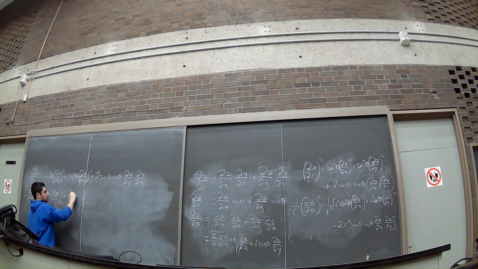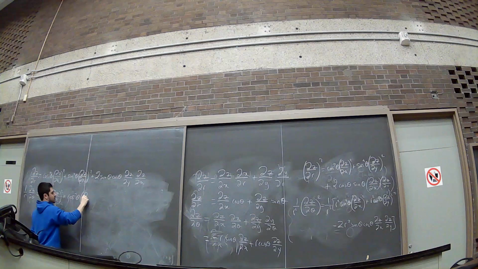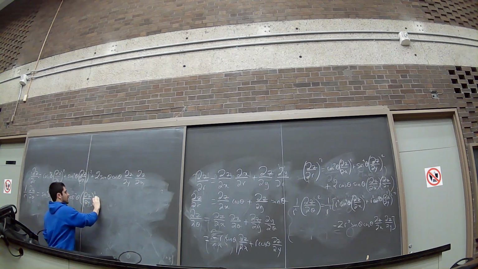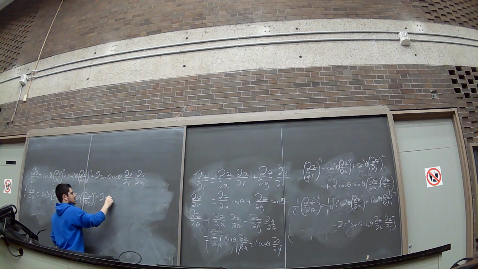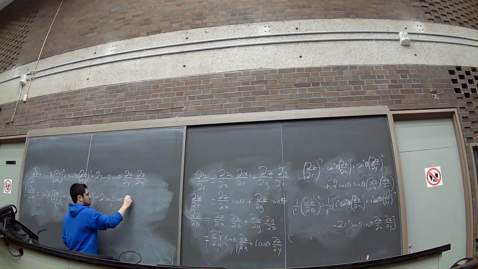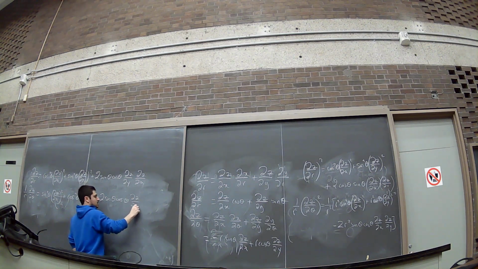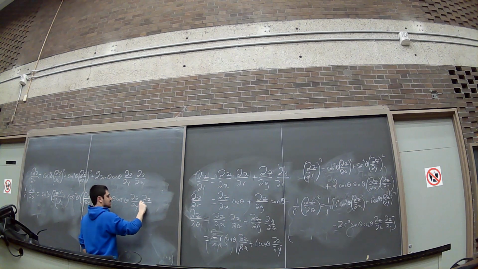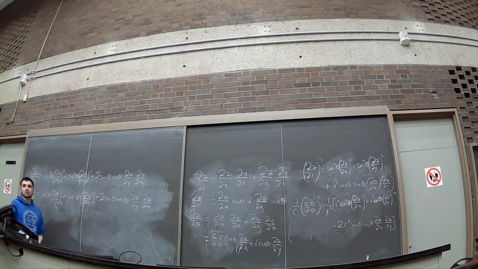Do we see where this is going when I add them up? Everybody? Plus or minus 2 sine theta cos theta del z del y del z del x. Do we see where this is going? Now when I add them up, what happens?